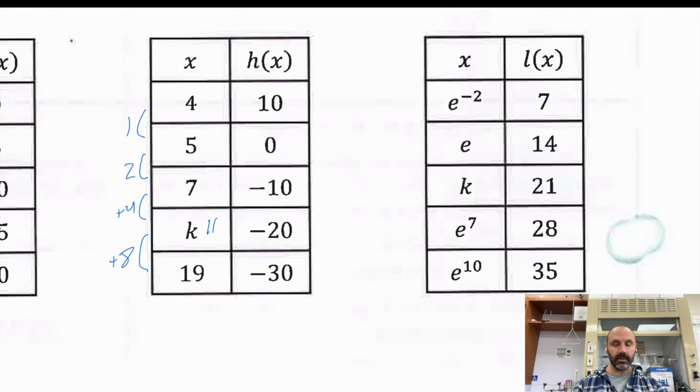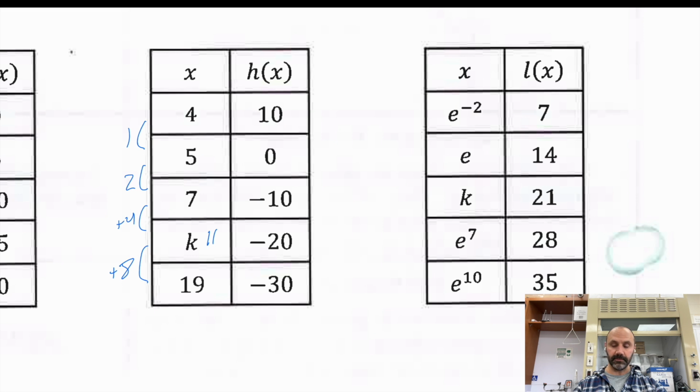All right, now this one, it actually gives it to us in exponential form. E to the negative 2, and then k. So k is going to be e to the something power, right? It's being multiplied by something. And so e to the negative 2. So if I multiply by 3e squared, that wouldn't work because that would give me e to the 0.